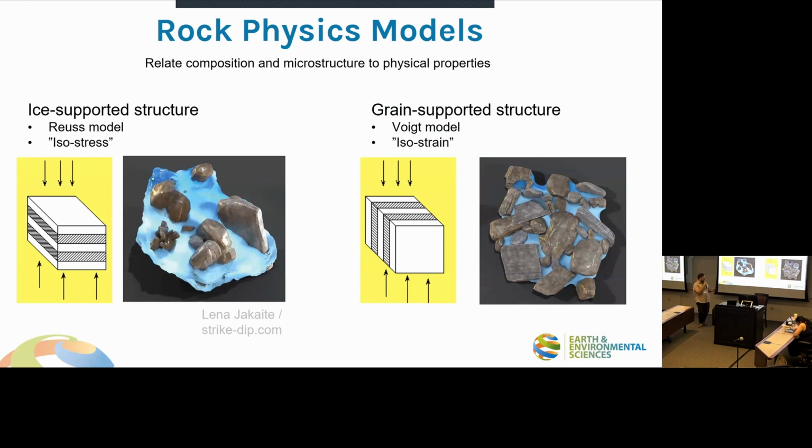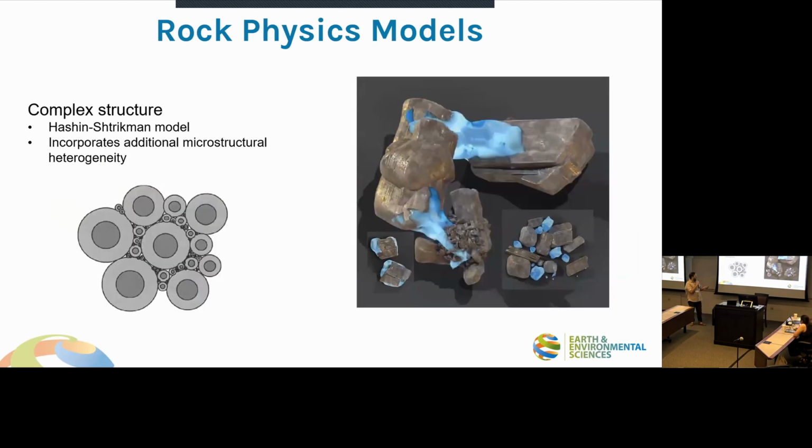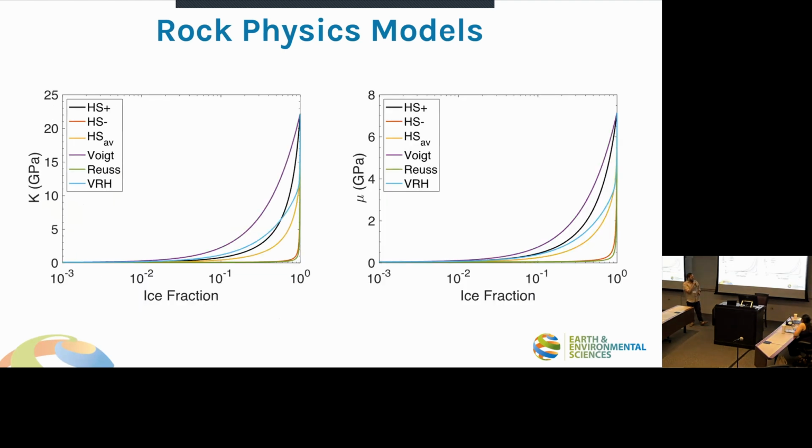You can sort of imagine how you might have an ice-supported microstructure or a grain-supported microstructure, or something that is more complicated. And these all have associated mathematical models that can relate the microstructure and the properties of the various constituent parts to an effective property, which is what you would be measuring using seismic methods.